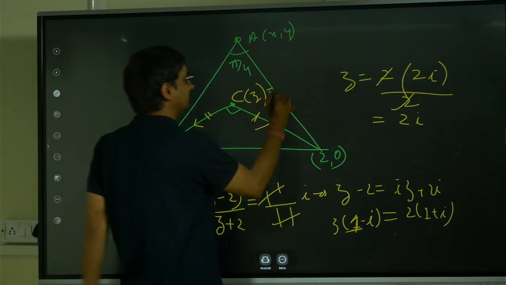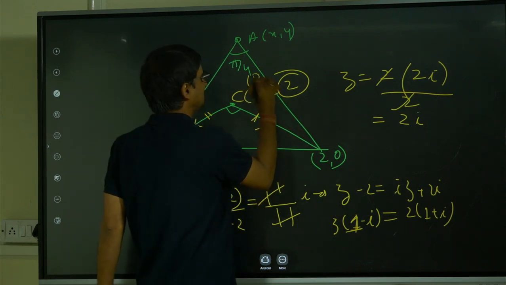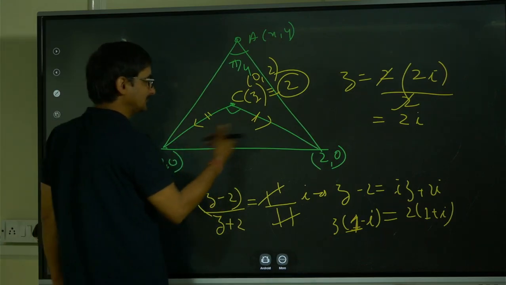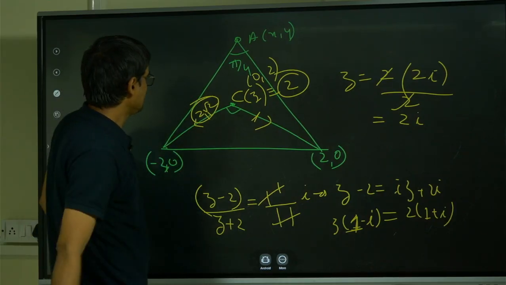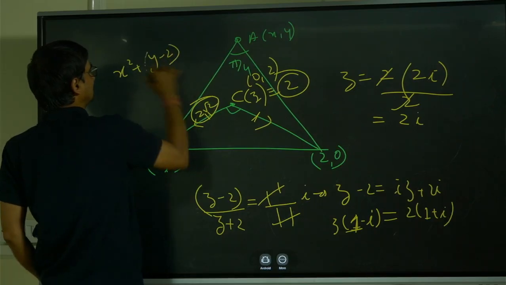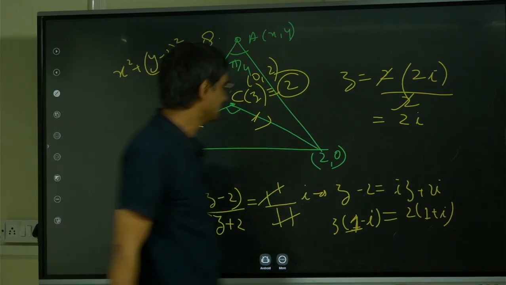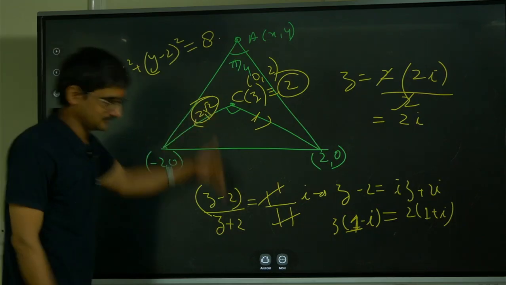So the center is 0 comma 2, and then we have the radius also, isn't that? From 2, 0 to 0, 2, the radius is 2 root 2. So it's a circle, x square plus y minus 2 whole square is equal to 8. That's it. The point is, can we have it on the other side also?